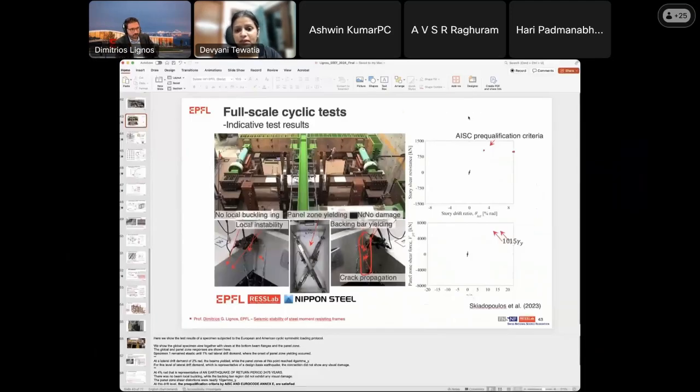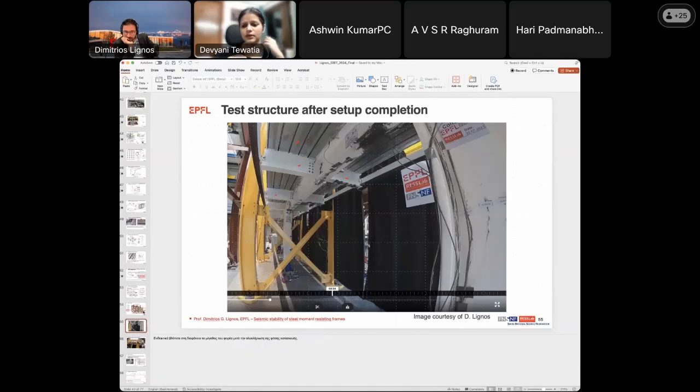Okay. Next is also in maximum panel zone area, there will be a transverse beam which will connect at the panel zone area. So considering the effect of transverse beam connecting the panel zone, is it possible to depend more on yielding in panel zone? Yes, so that's a good question.